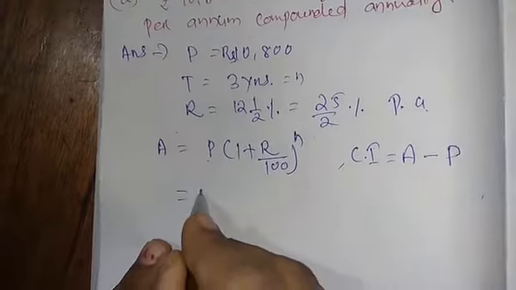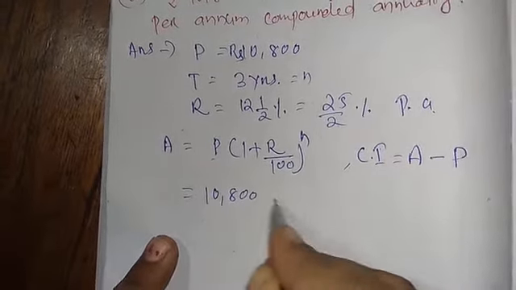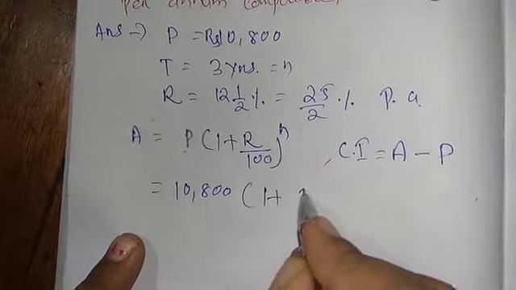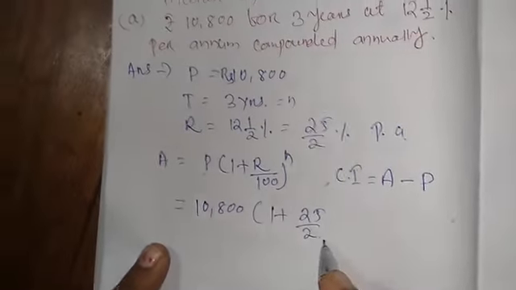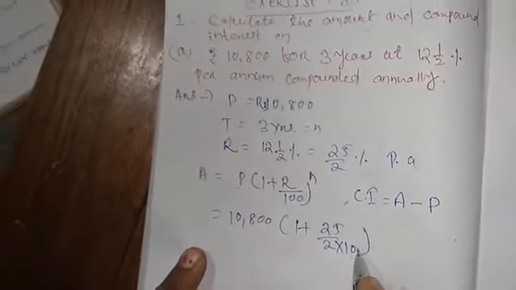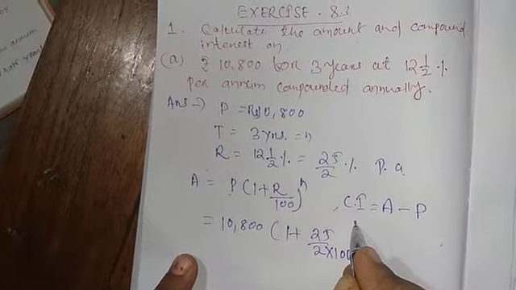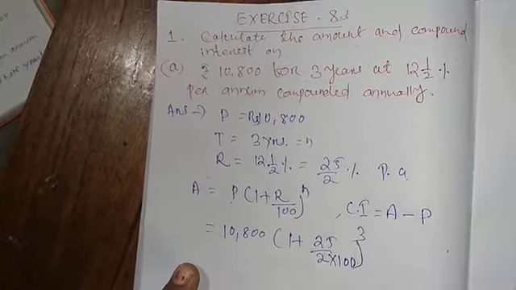So principal equals 10,800. 1 plus r equal to 25 by 2, again divided by 100, means multiply with 100, to the power n. N means 3.